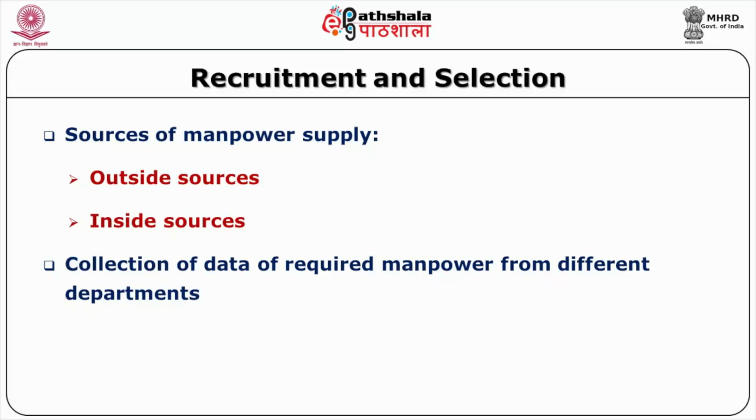When it is a recruitment, then the data is gathered by the management. So, when the management is asking for the recruitment, then each department will provide their requirements to the principal, and via the principal it will ultimately go to the management.